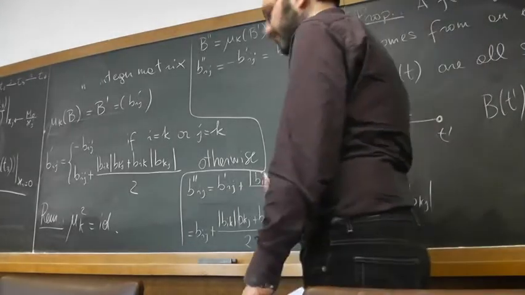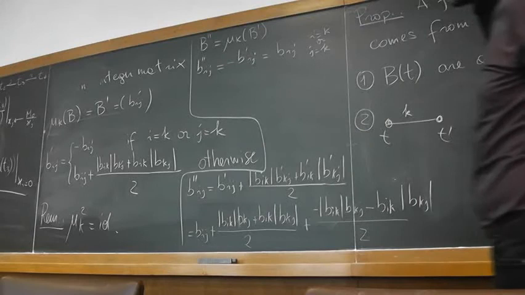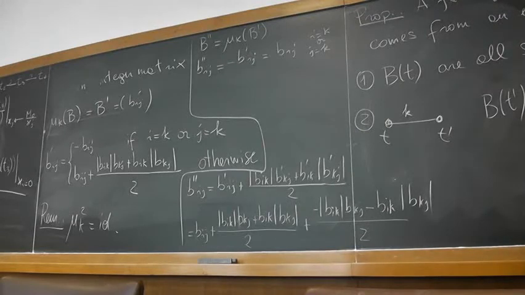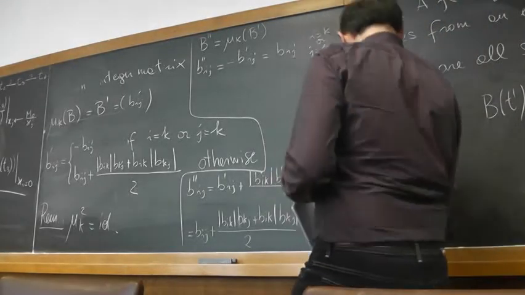So I guess that everything cancels and we just have Bij. So we didn't use the fact that the matrix is skew-symmetric. Thank you. No problem. Okay, so maybe I can erase this.